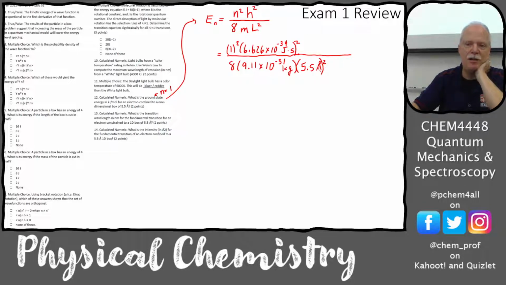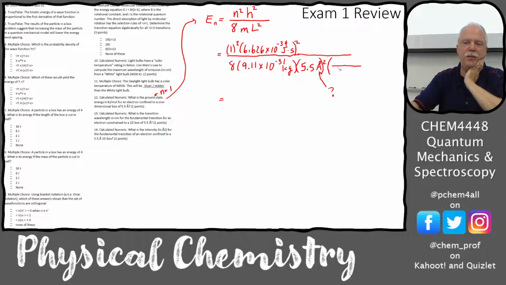And also, we've got to do something with this angstrom because that's not an SI unit. Most of the time, these questions are about the units. We put in all our numbers, but we're going to get a messed up result unless we take care of this angstrom. So we can just do this conversion right here in the denominator.